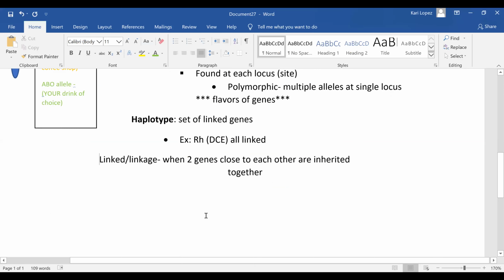Well, you could, but you're going to get a haplotype from mom and a haplotype from dad, and it squishes them together. Instead of getting C from mom and D from dad and E from mom, you would get DCE from mom and DCE from dad, and then it mixes them together.